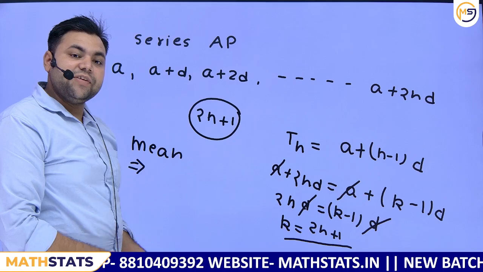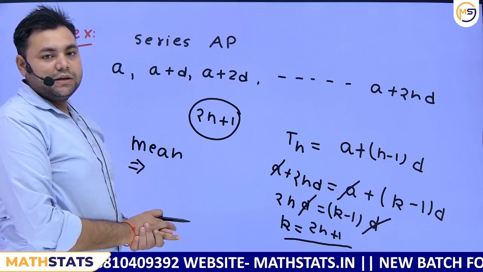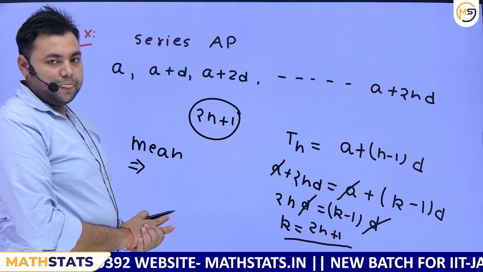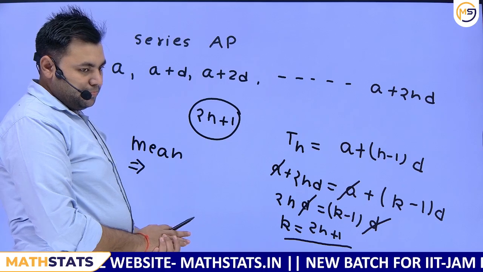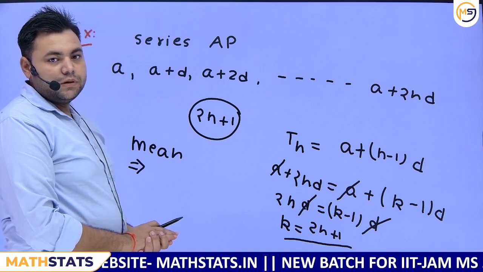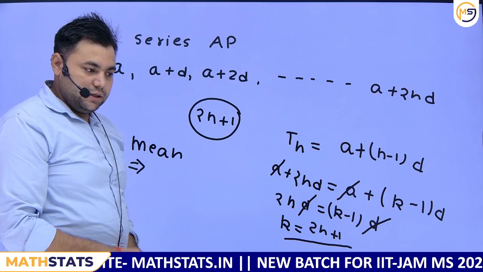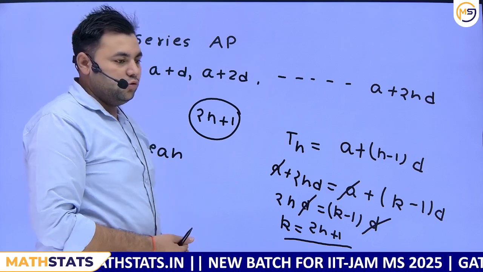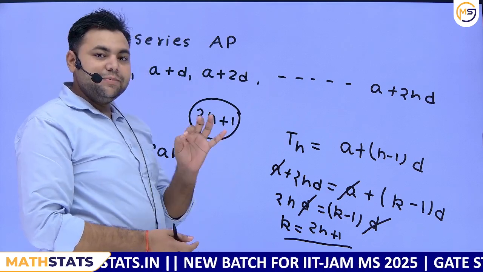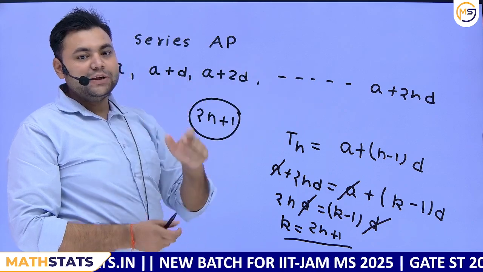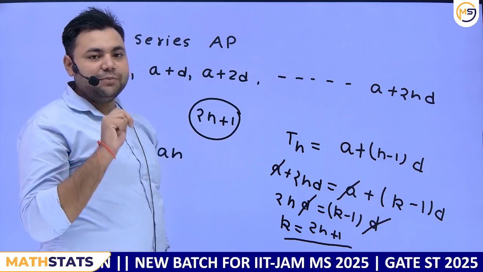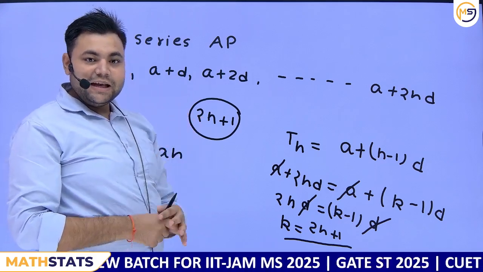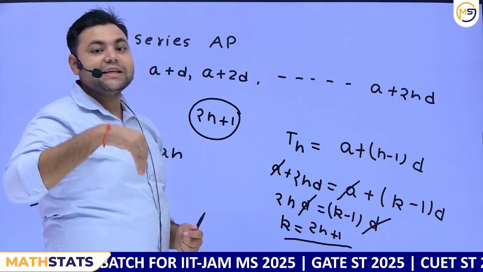What is the mean of any AP series? Let me give a hint. First think of two numbers, 1 and 2, then find their arithmetic mean and generalize for n numbers.